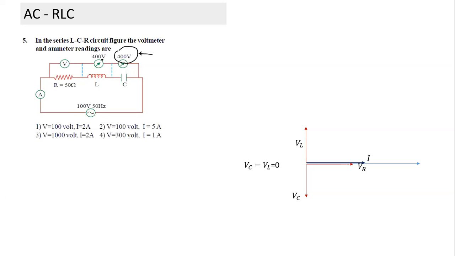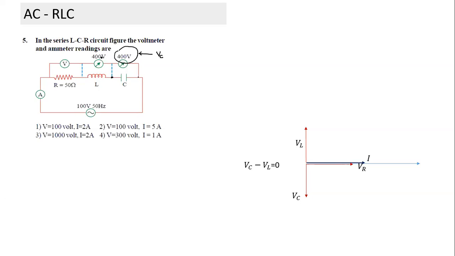Since this voltmeter is connected across the capacitor, its reading indicates the RMS value of potential across the capacitor. So it indicates VC, but which VC? Not the peak value or amplitude, it indicates the RMS value of VC.